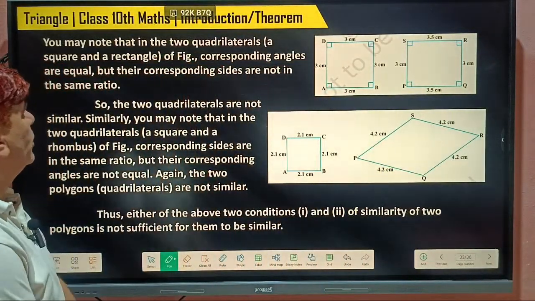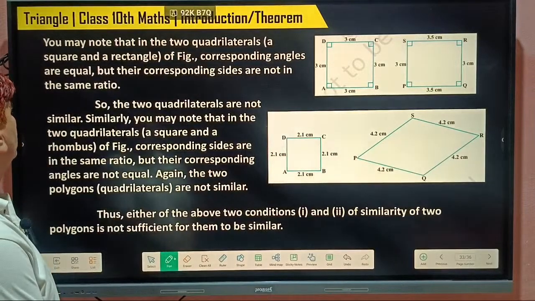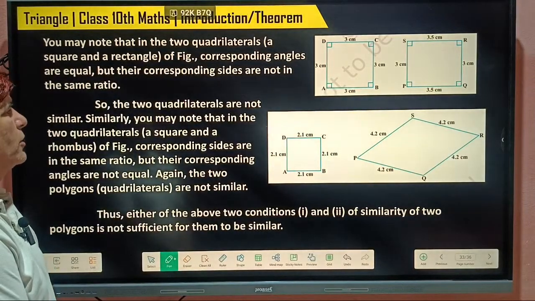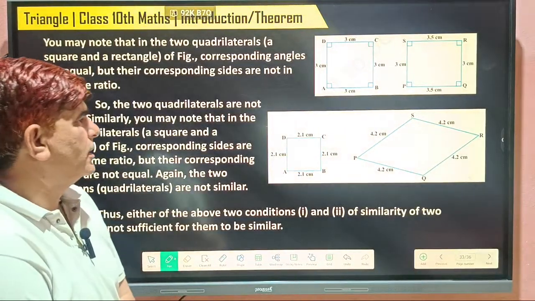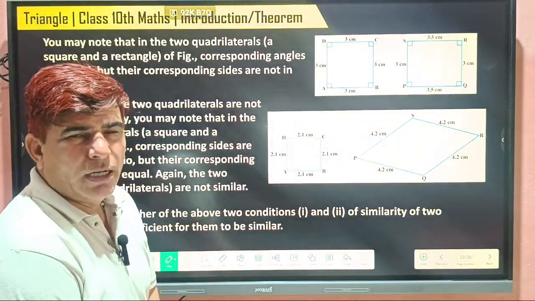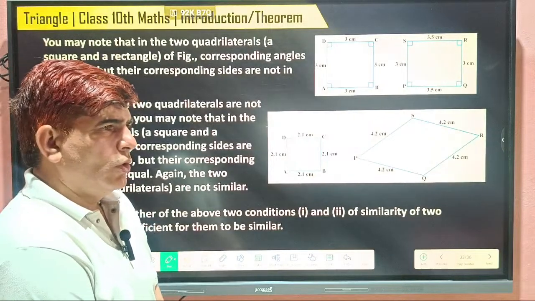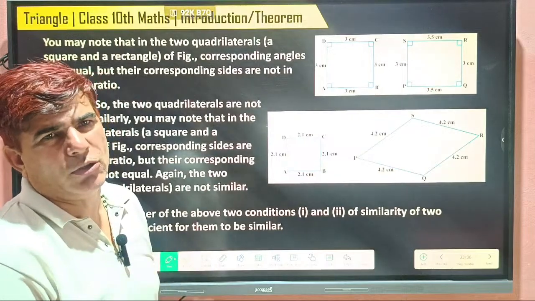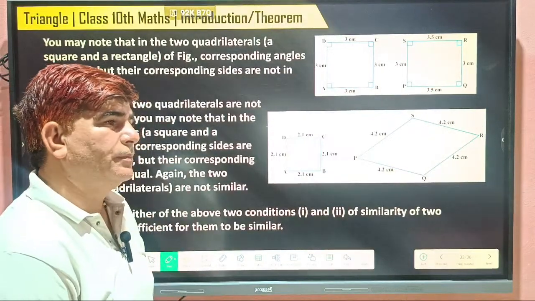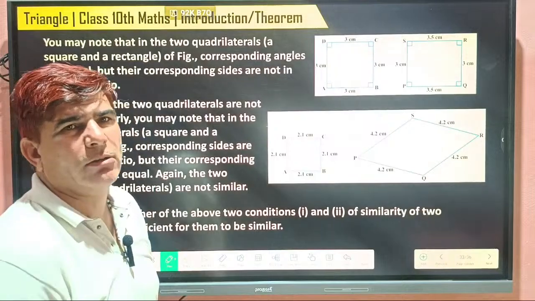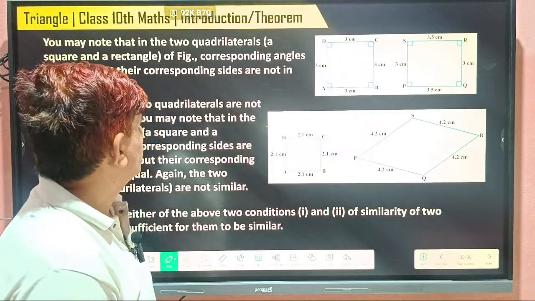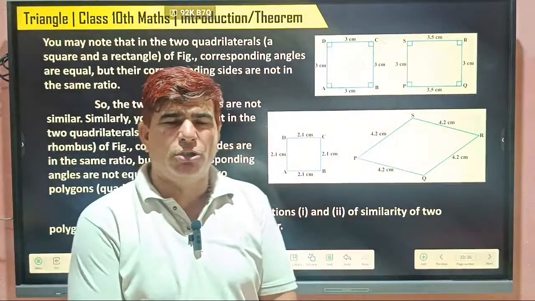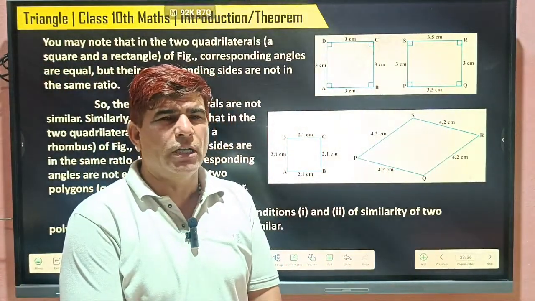Got it? You may note that take two quadrilaterals as an example: a square and a rectangle. We know each angle of a square is 90 degrees, each angle of a rectangle is also 90 degrees. It means corresponding angles are equal, but their corresponding sides are not in the same ratio.